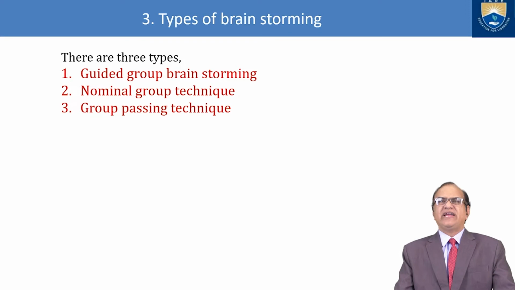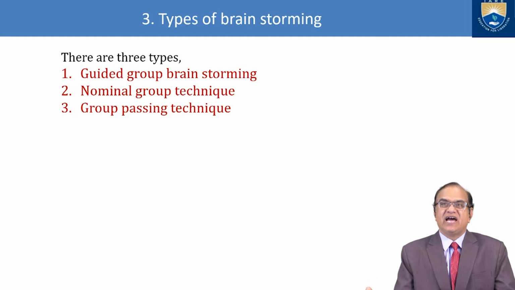Guided group brainstorming means that as per the guidance, people have to talk and discuss, and they will get a number of answers. You find the correct answers, choose one, and in that again you discuss like this. It is called guided group brainstorming. I have discussed it in detail in my previous lecture.